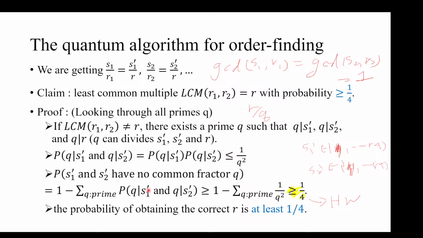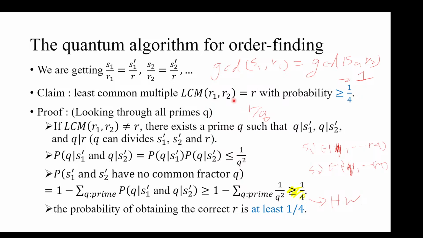And so that's the complete proof that if you draw S1 and S2, with their corresponding R1 and R2, then with at least 1 over 4 probability you get the correct R, and so you only need a constant number of repetitions to get an arbitrary constant probability of getting the correct R.